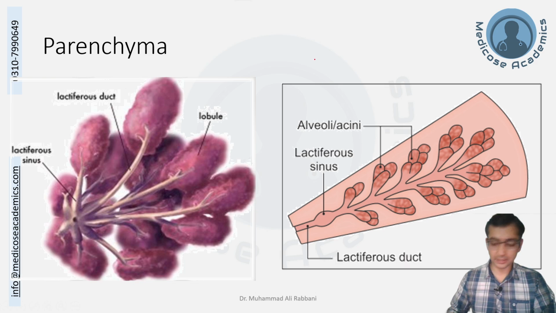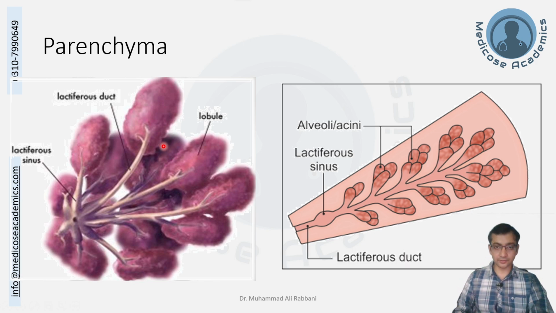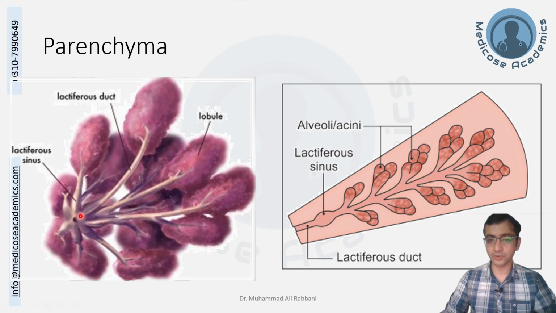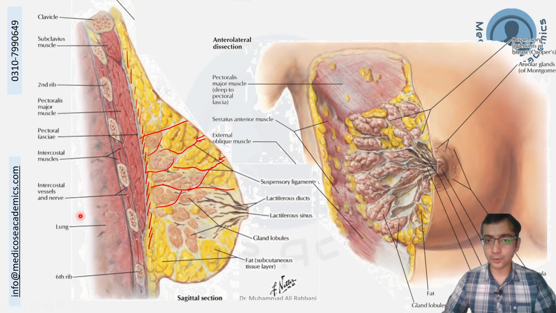This is a little 3D rendering showing the lactiferous sinuses and ducts behind it, and all the acini together entering into it. This is called a lobe or lobule. Here this picture is a little misleading because all of these do not open onto the surface of the skin through one opening. Actually, these open through many independent openings.